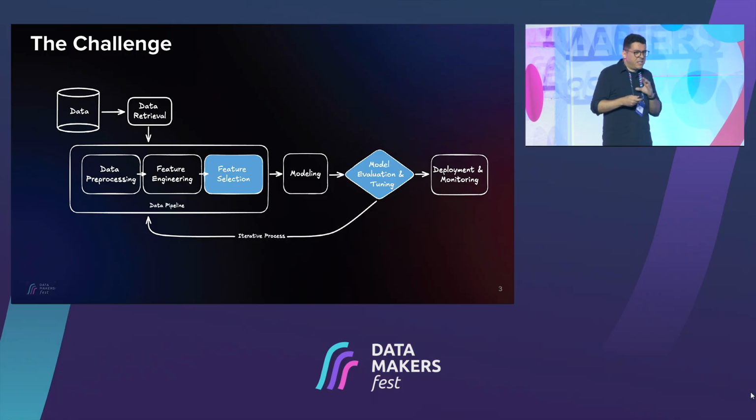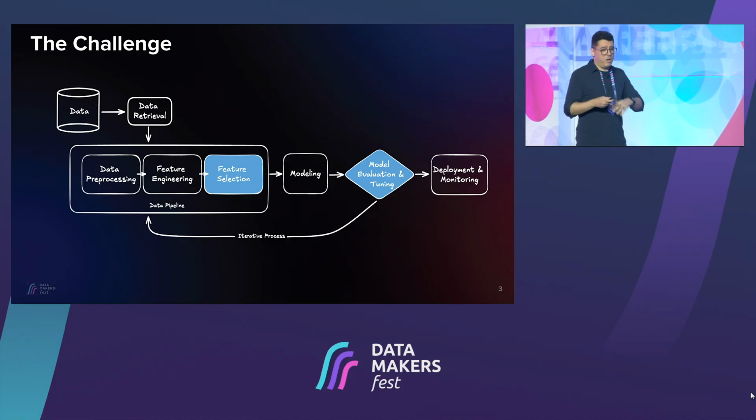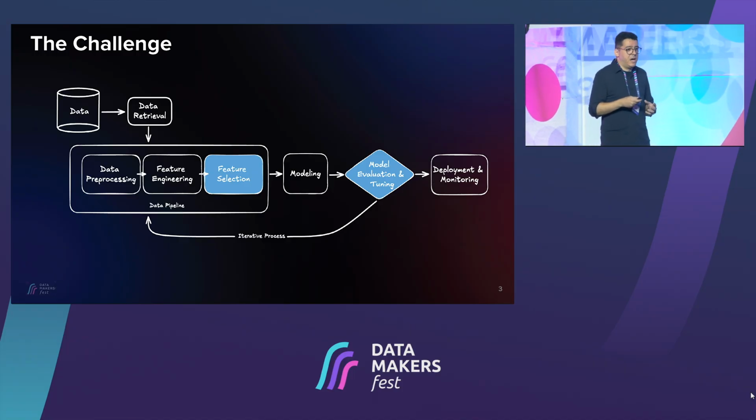But yet, sometimes we overlook them because they can be either too complex or too time-consuming, or there are so many techniques that we simply don't know where to start. So the question here is, how can we optimize these two key steps and make them more efficient and clear so we can, in fact, optimize our models?